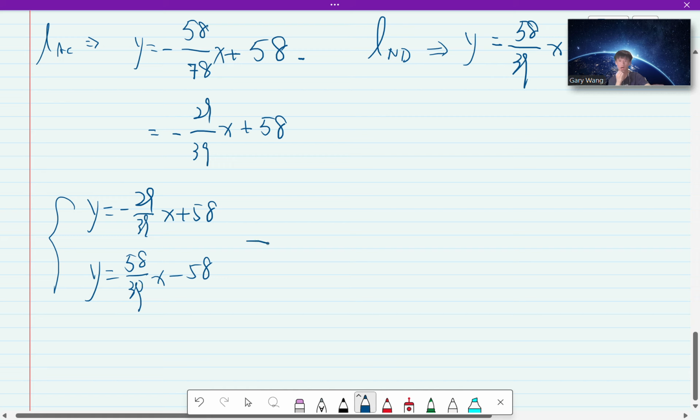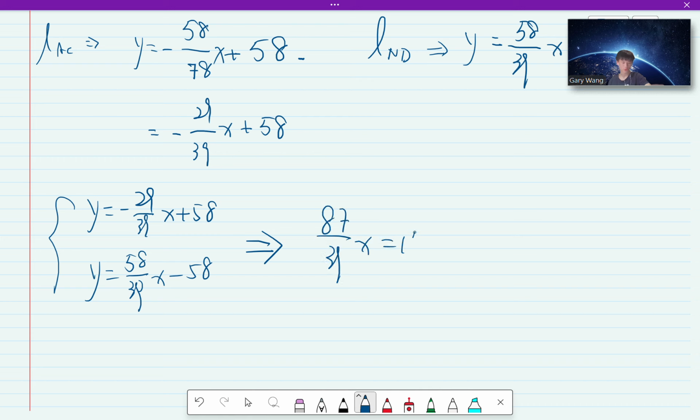If we solve this, which I'll skip all the steps of, a simple substitution that becomes a one variable equation, we get 87 over 39 x equals 116, so x equals 52.